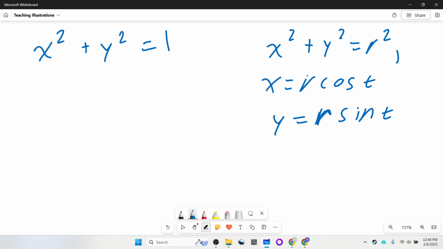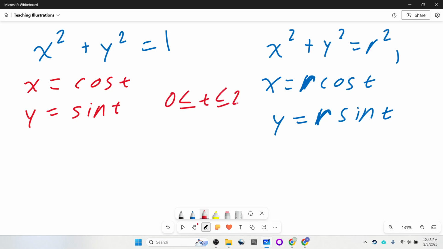So again, it's the unit circle. X is cosine, y is sine. If you scale it up, in this case we don't, but in other cases it might be a larger radius, so you just put that multiple in front. We're going to use that to parameterize this circle. This is the standard parameterization for a circle. X is cosine t, y is sine t, and for a circle, t goes from 0 to 2 pi.